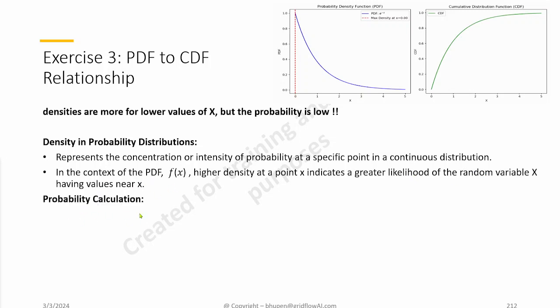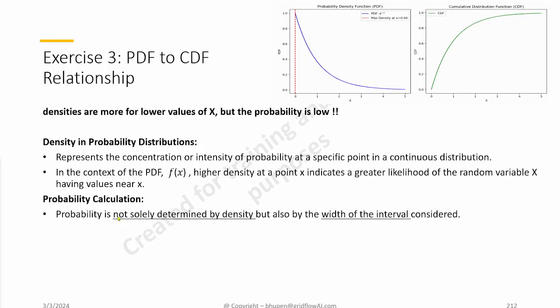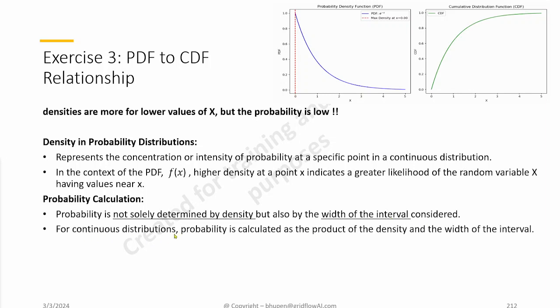Now, probability calculation is all about cumulative. The probability is not just the density that we spoke about, but also the width of the interval. That means you're asking about the probability of 2, meaning less than or equal to 2. So that is called the width of the interval. So for a continuous distribution, the probability is computed considering the density and also the width of it.